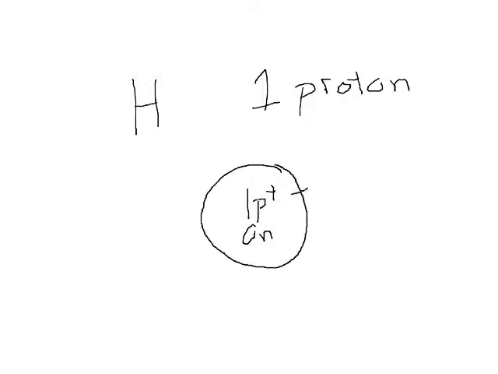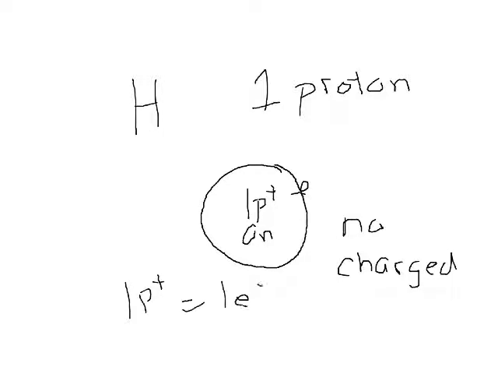It has 1 electron. Thus, this is not charged because the positive charge equals, you have 1 proton equal to 1 electron, and thus you don't have more of one or the other. So there is no charge.